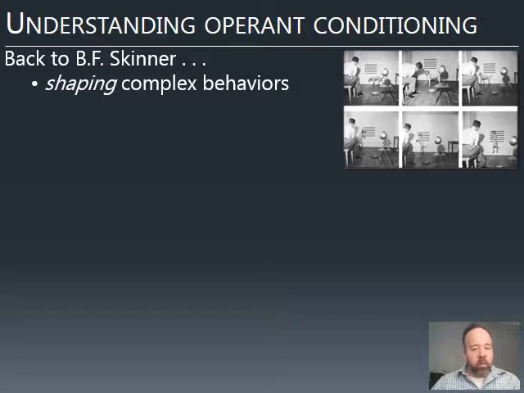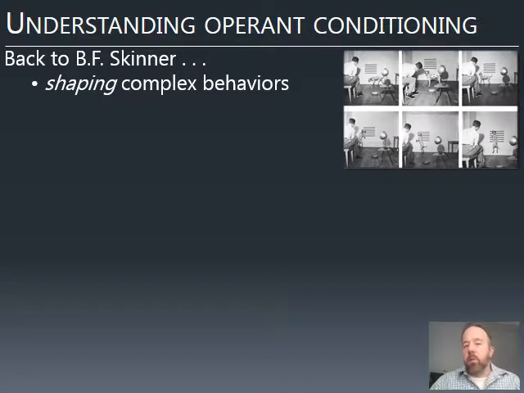So, for example, if Skinner wanted a dog to enter the room and then jump on its hind legs, it's unlikely the dog would ever do that, even if it was behaving randomly. It's a very specific and unusual behavior to exhibit. So what Skinner did was reinforce the dog for, at first, simply entering the room, and then going to a particular location.